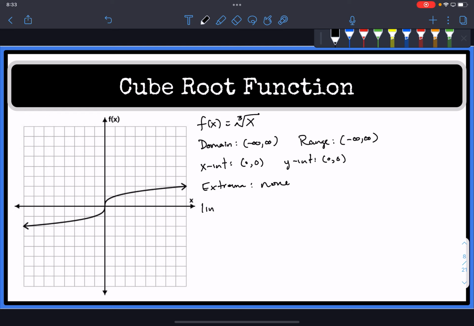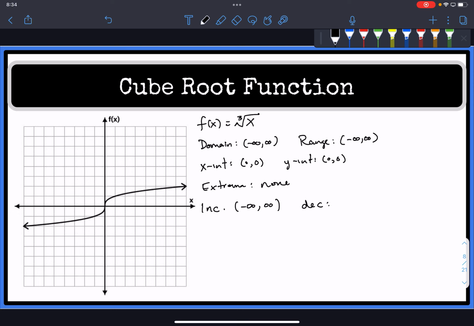Now, in terms of increasing and decreasing, this graph from left to right is always getting higher. The y values always get higher and higher and higher. So the graph is always moving upwards. So very much like the cubic function and the linear function, this function is increasing from negative infinity to positive infinity.